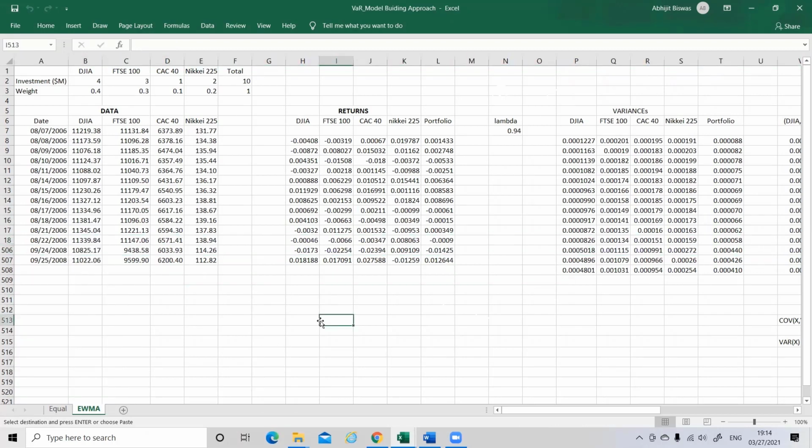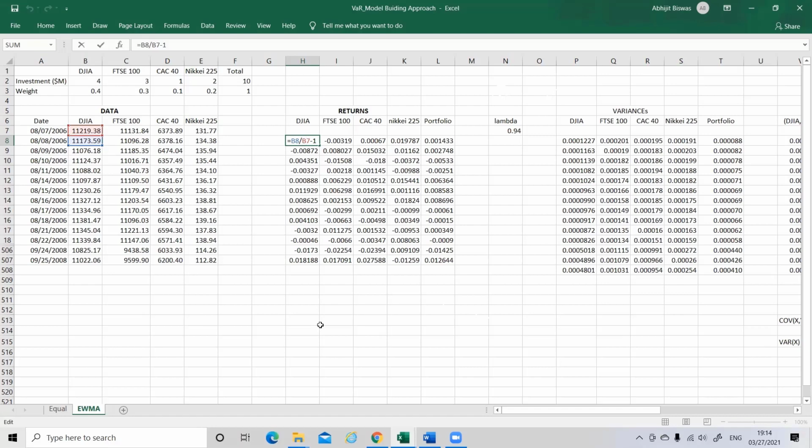Now let us do the return calculation step by step. So first do the return calculation for Dow Jones. How do I calculate? Last class we talked about it. The return on Dow Jones on 8th August is equal to the value of Dow Jones on 8th August divided by the value of Dow Jones on 7th August minus 1.